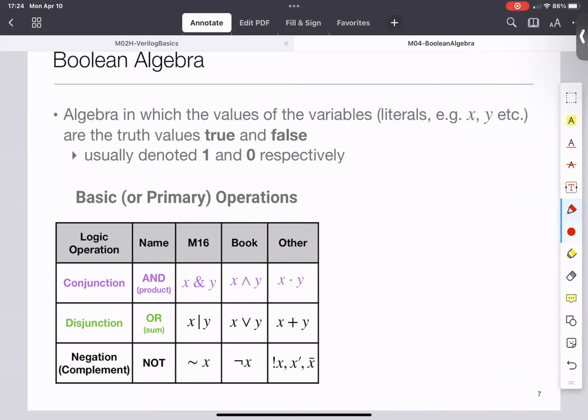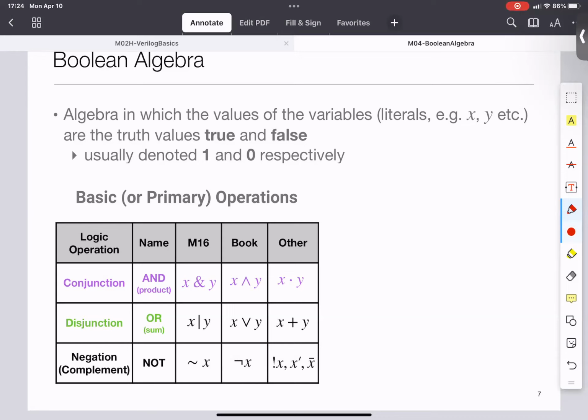It plays a similar role as multiplication in a regular algebra. The OR operation, which is referred to as disjunction, plays the same role as addition in regular algebra. And then the NOT operation, which is the complement operation, which inverts, so it goes from 0 to 1 or 1 to 0.